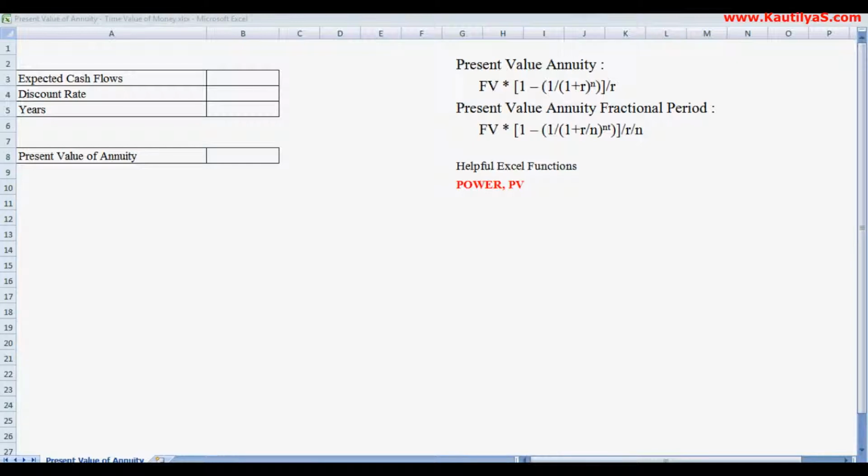Assuming that you are receiving cash flows of 50,000 every year for the next 5 years, that is, you made an investment in a business and your business is returning you cash flows of 50,000 every year for the next 5 years. So you are interested in knowing what its present value is.